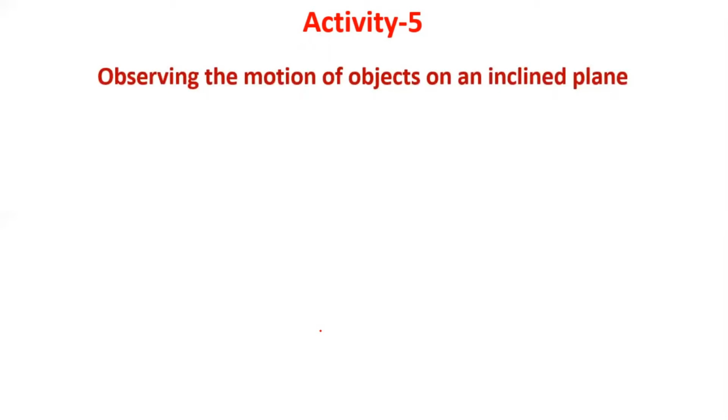Activity 5. In this activity, we are going to discuss observing the motion of objects on an inclined plane. We are going to observe how objects move on inclined planes.